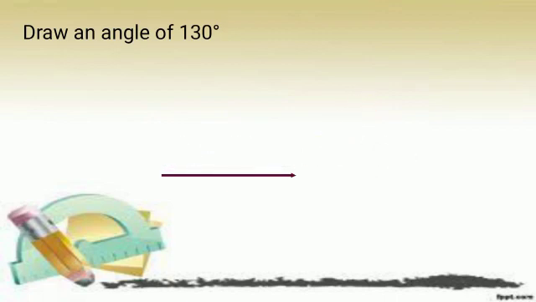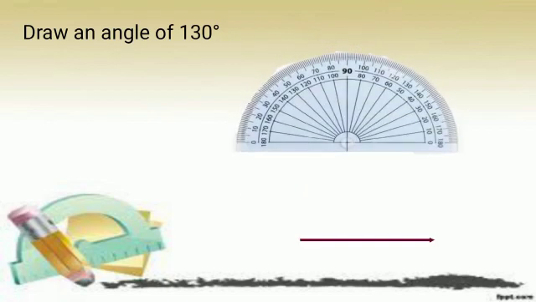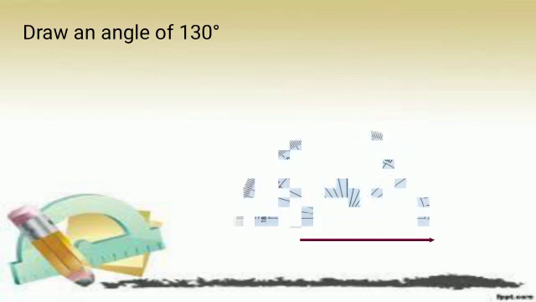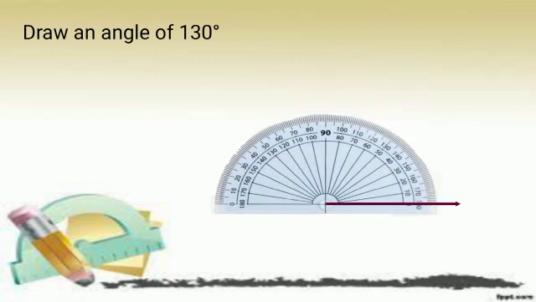Then you remove it, then you place a protractor in the correct position, that is on the vertex. Then here you mark 130 degrees. So starting from the right hand side, take a pencil and mark 130 degrees. It starts from the right hand side because the direction of the ray is on the right hand side.